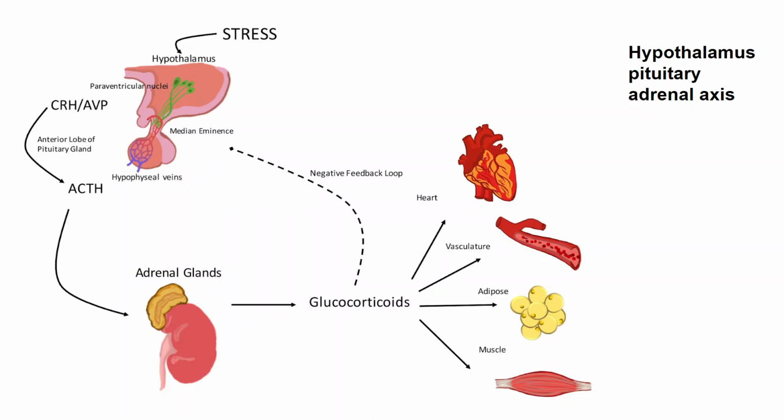But the most important and significant homeostatic principle in the body is what we call the hypothalamus pituitary adrenal axis. Whenever there is a stress, that stress results in stimulation of the hypothalamus, and the pituitary produces its secretions, either increased or reduced. The pituitary is the master of all other endocrine organs.